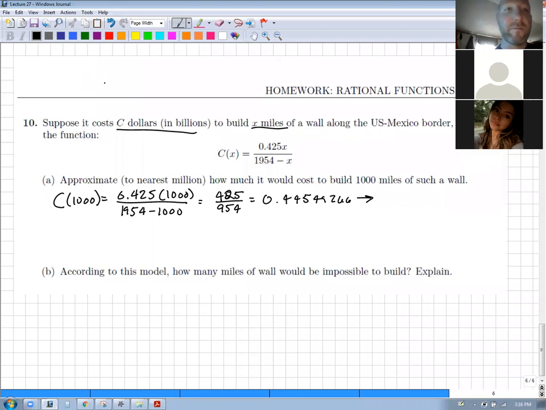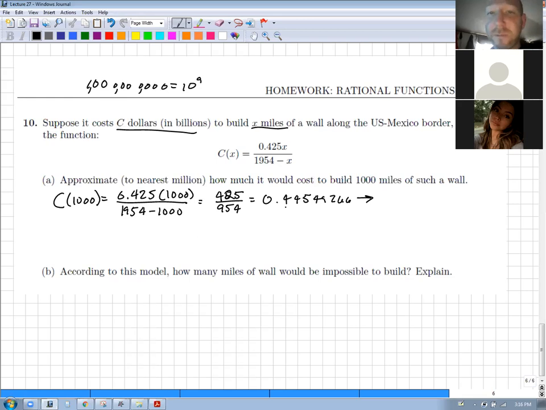So if this is in billions, how many zeros do we need? What's a billion here? Hundreds, thousands, millions, billions. This is 10 to the 1, 2, 3, 4, 5, 6, 7, 8, 9, to the 9.